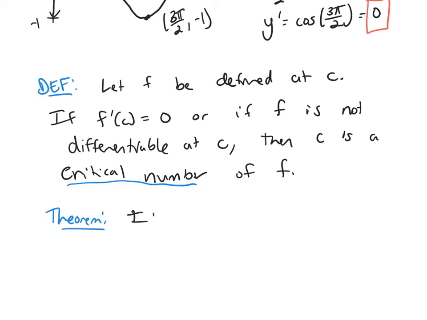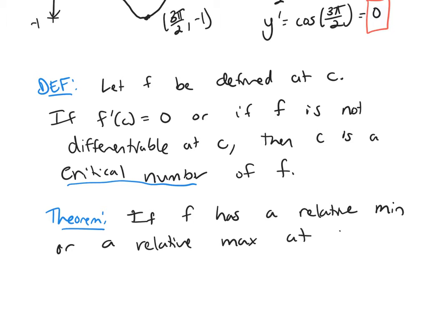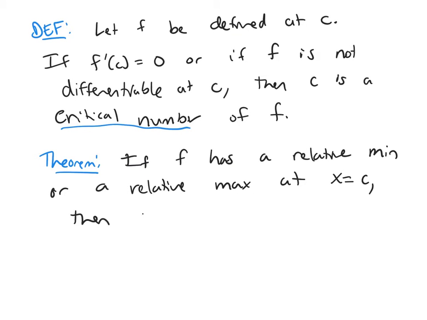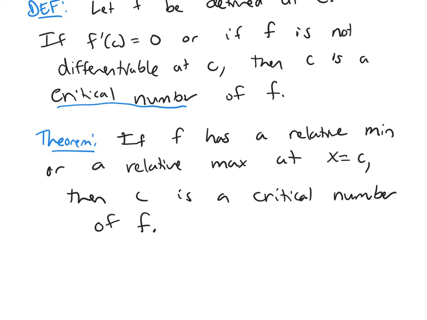It says if f has a relative min or a relative max at x equals c, then c is a critical number of f. So if you have a relative min or a relative max, it has to correspond to a critical number.